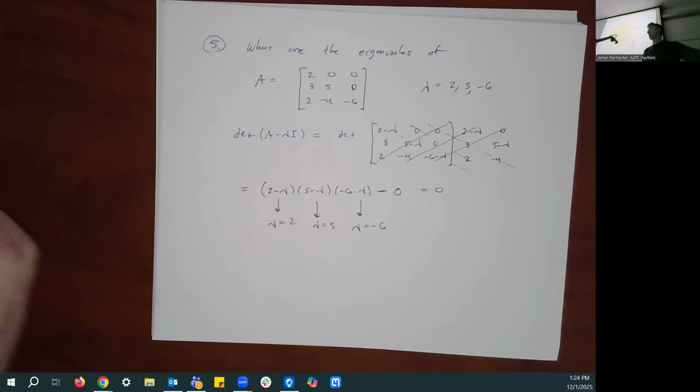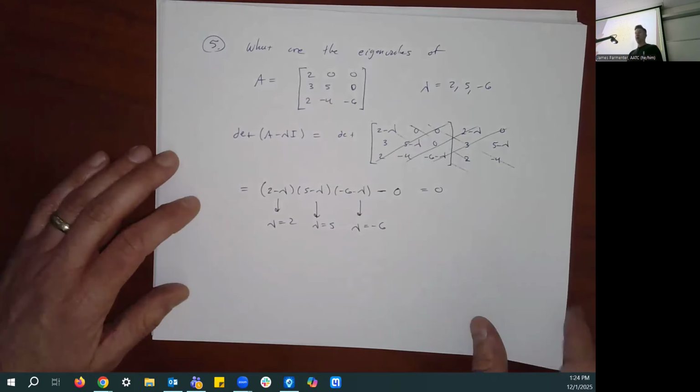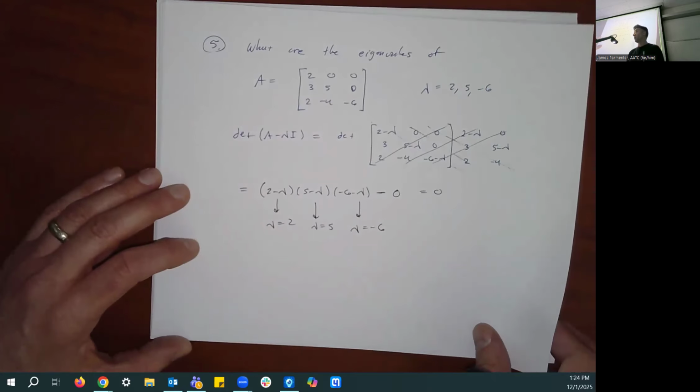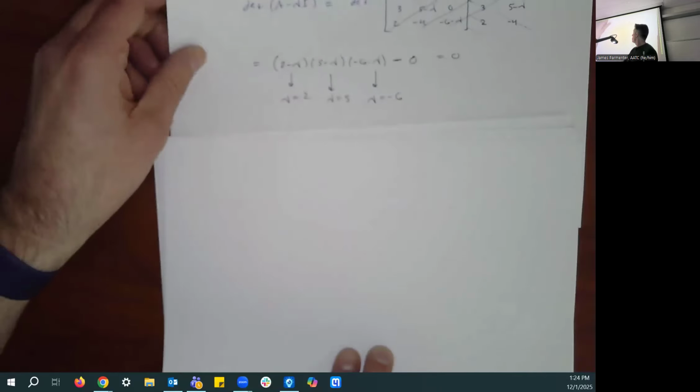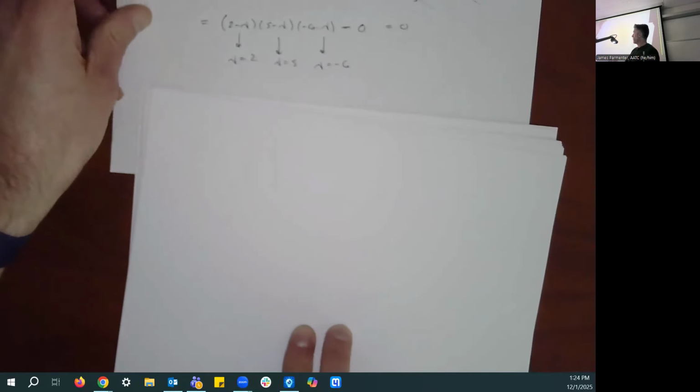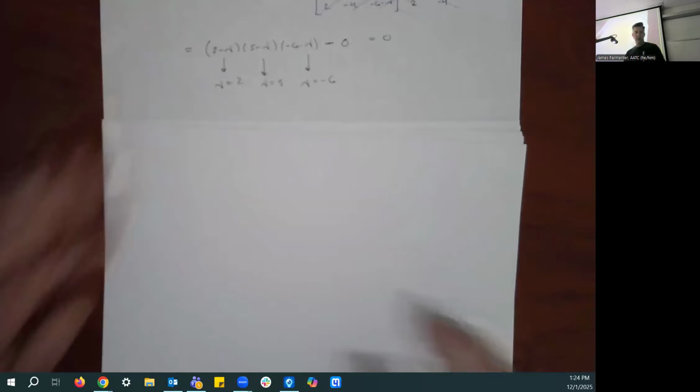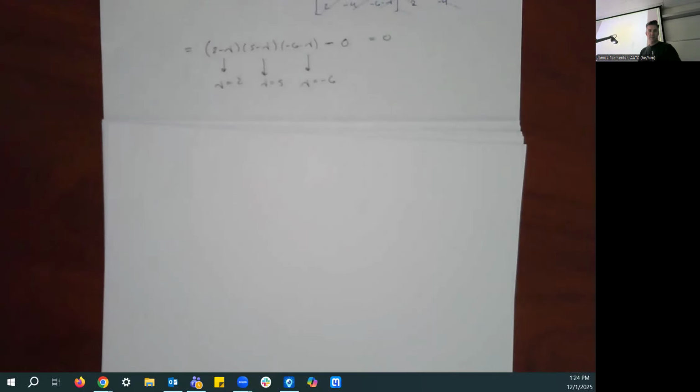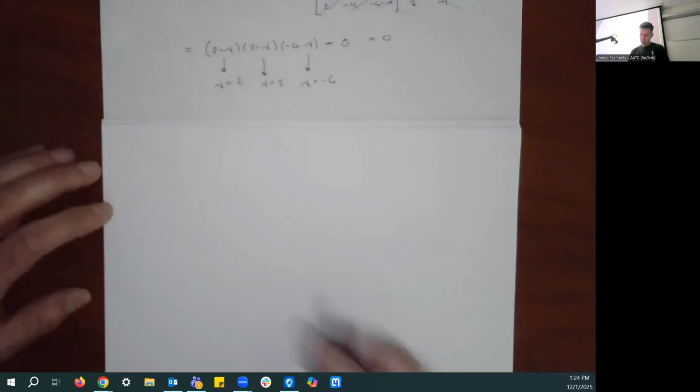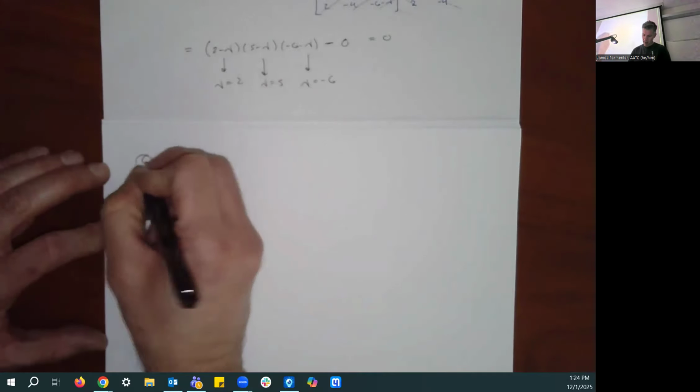A harder question to answer, a question that requires a little bit more work, is if a vector is an eigenvector of a matrix. But again, we don't really want to do all of the work one would have to do to find all of the eigenvalues and eigenvectors. So let's look at this question. Here's a question that's interesting to ask.